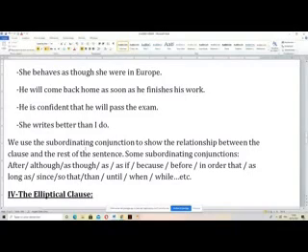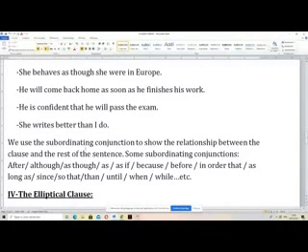So that is purpose, than is comparison, until is time, when is time, while is time. These are the major subordinating conjunctions, and you can look up the others so that you are able to identify the clauses in a passage or in a sentence.